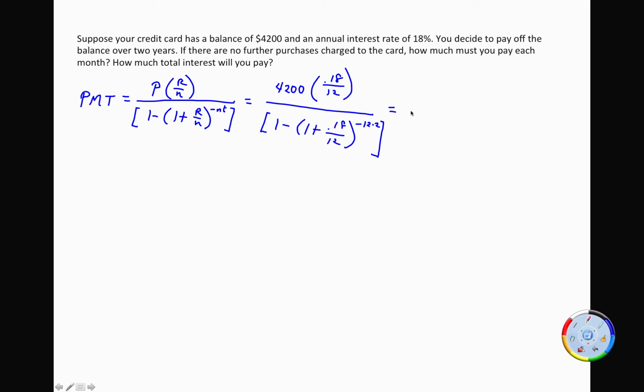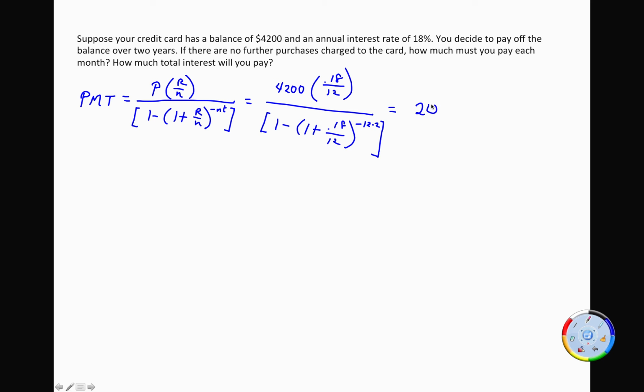All right, plug that in our calculator. 4,200 times 0.18 divided by 12 divided by 1 minus 1 plus, to the, forgot my parenthesis right there, negative 12 times 2, close parenthesis.